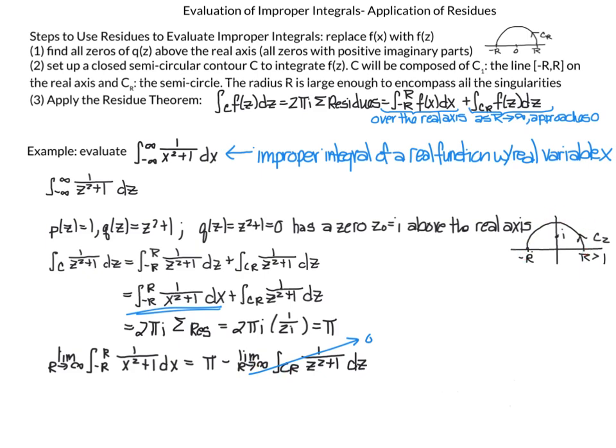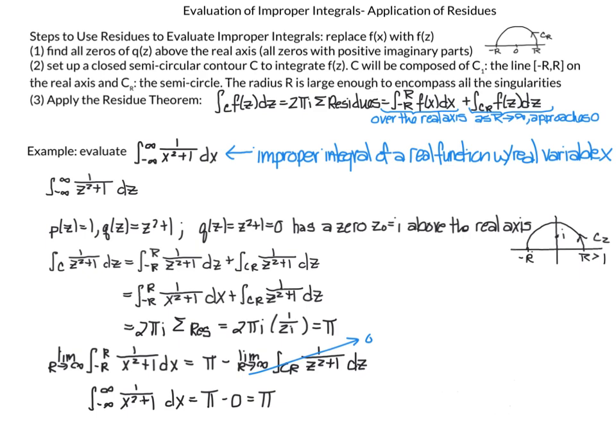For now, I'm going to take it as given, but this will be the last step that I do, to show that this approaches 0. That means our final answer is that this improper integral from negative infinity to infinity of 1 over x squared plus 1 dx is equal to pi minus 0, which is equal to pi. So this is our final answer for this improper integral of a real function with real variables.